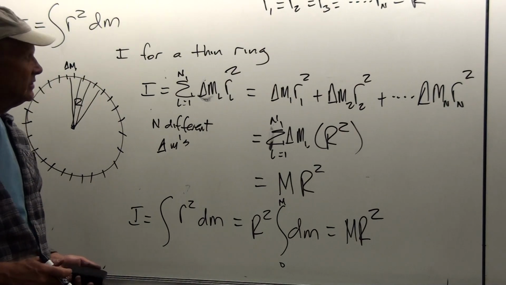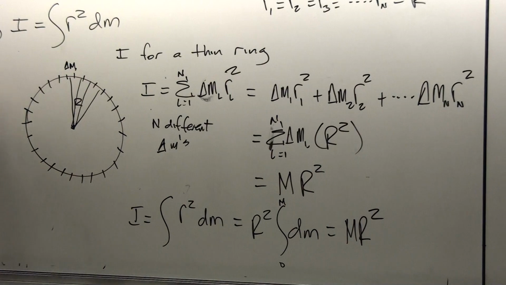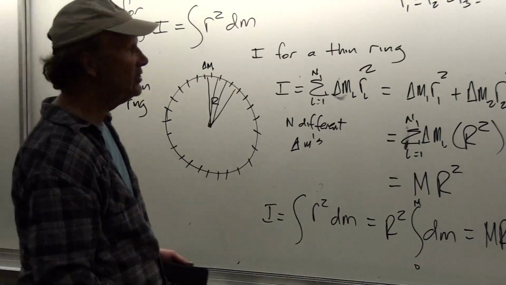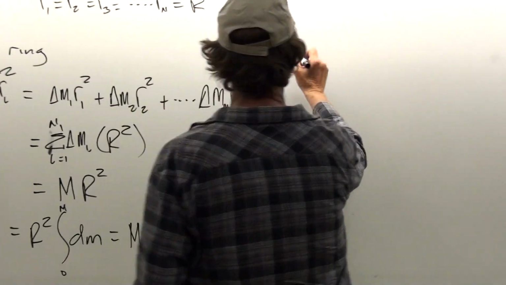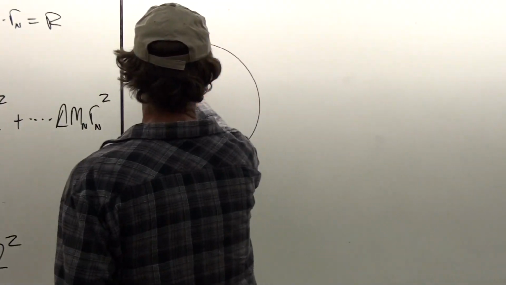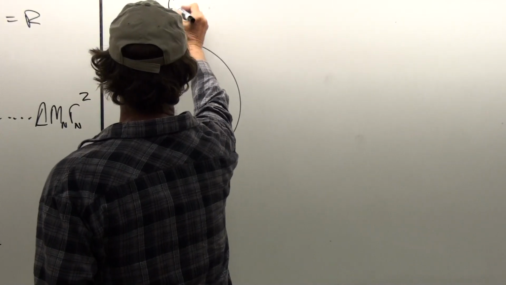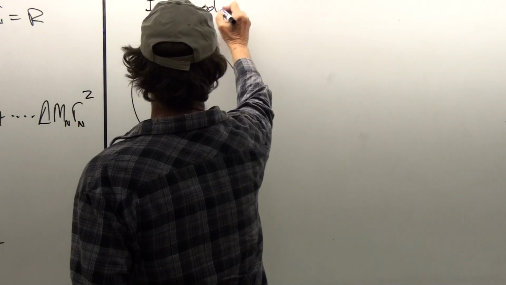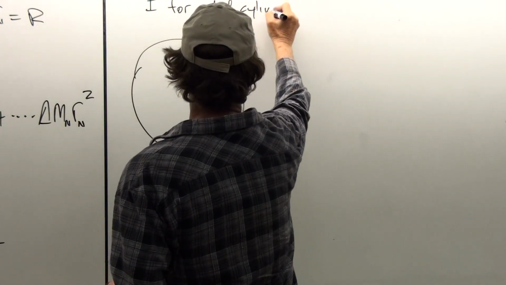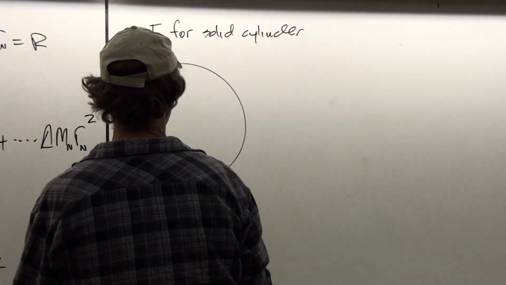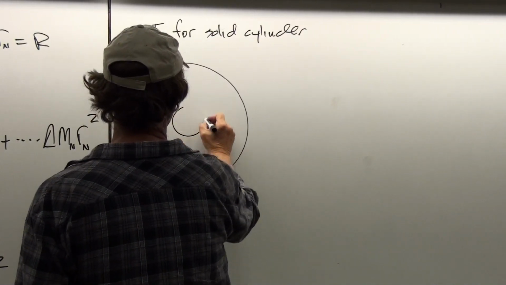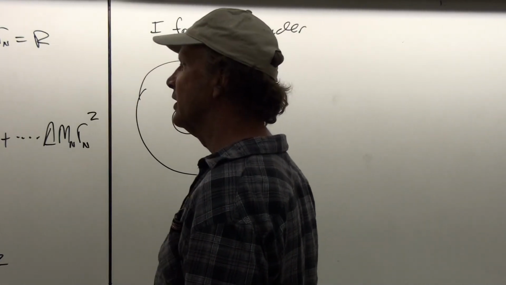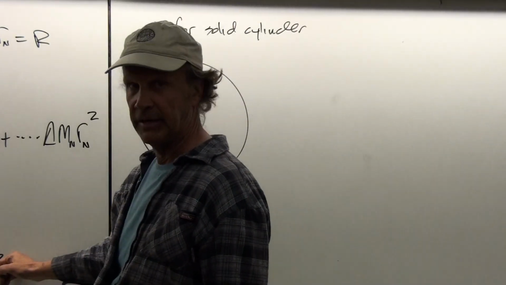But what if this, instead of being a thin ring, let's change that to a solid cylinder. Now this creates a little more of a problem. So our strategy here then could be to make this an infinite collection of our little thin rings.